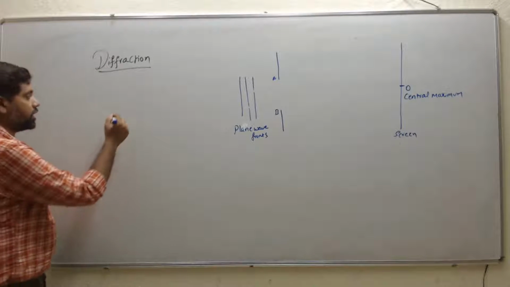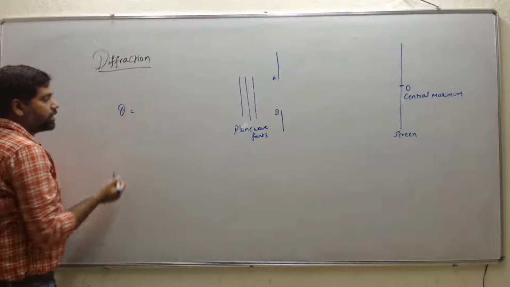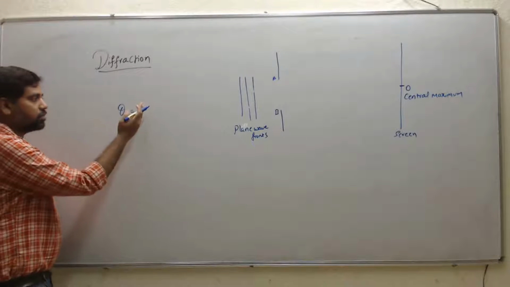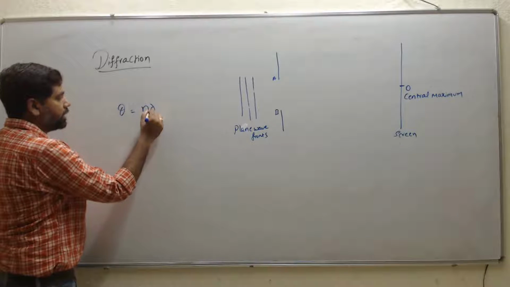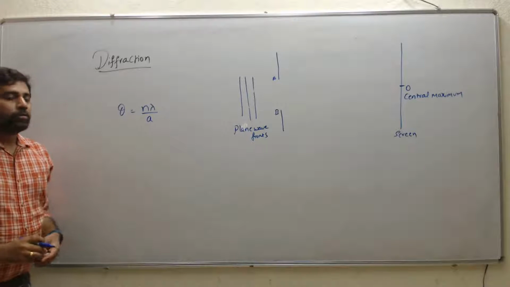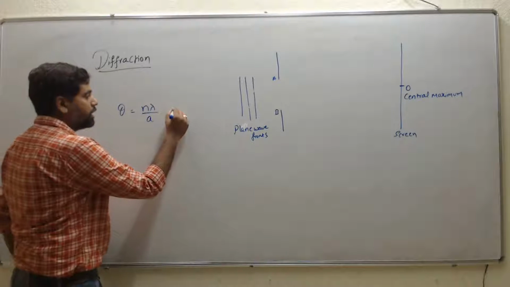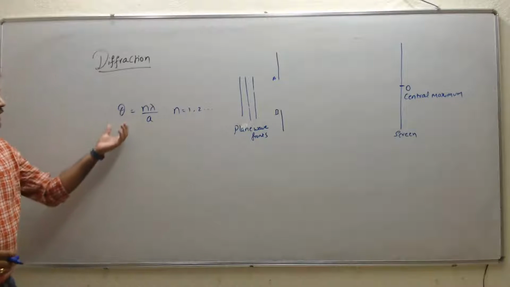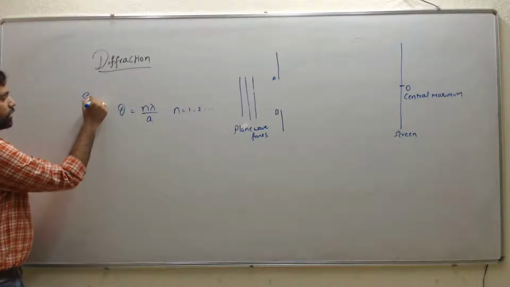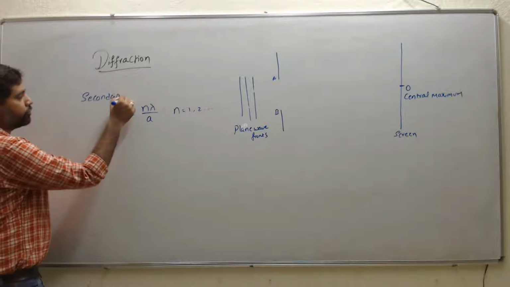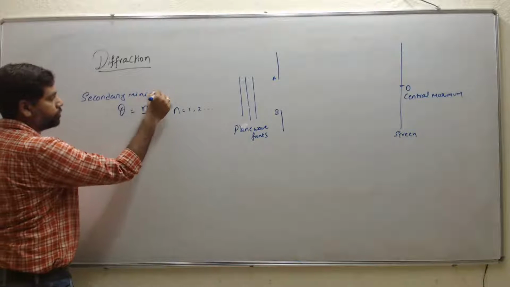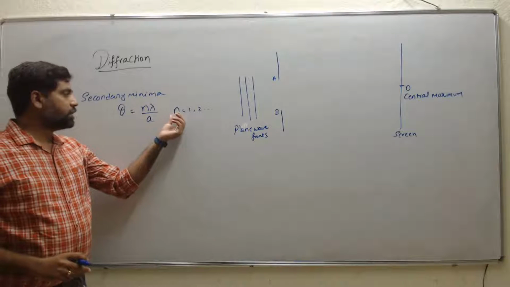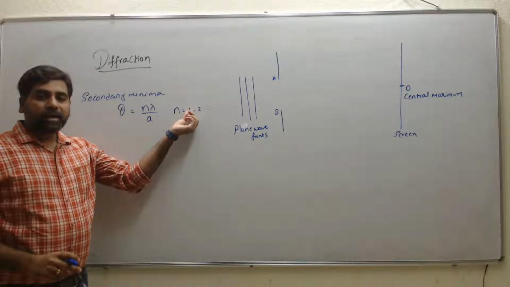The condition for the secondary minima in general form we can write: a sin theta is equal to n lambda, or sin theta is equal to n lambda divided by a, where n is the order, n equals 1, 2 and so on.